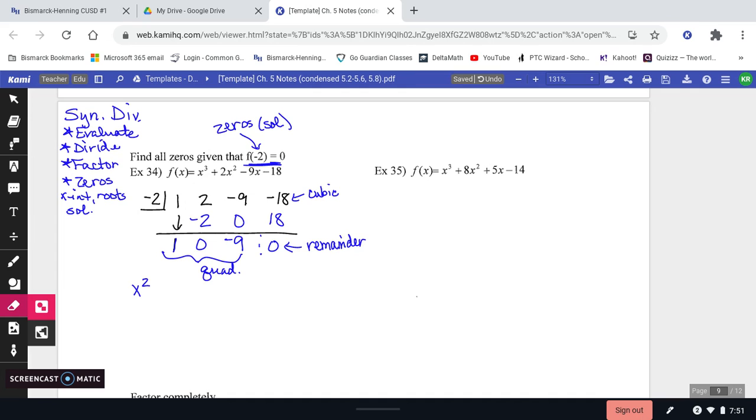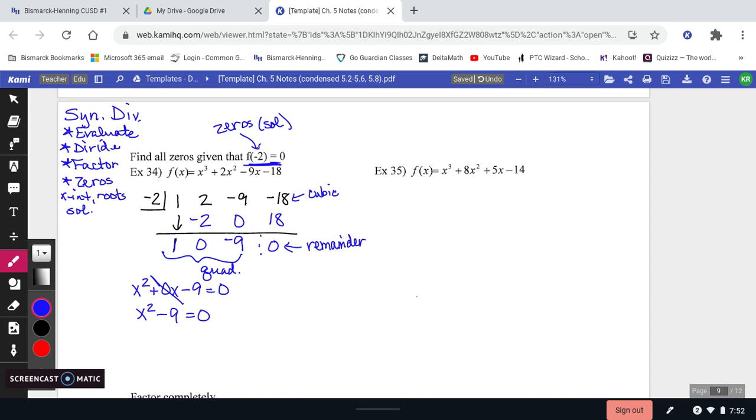We have the 1, so that's your 1x squared. You have the 0, so that would mean plus 0x, and then negative 9 would be minus 9. Since that's a 0x for the linear term, you can just skip it. So we would have x squared minus 9, and since we're looking for the zeros, it's going to be equal to 0.